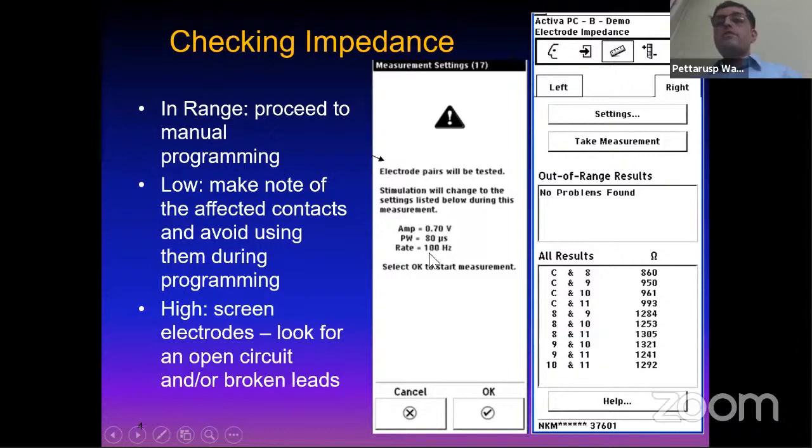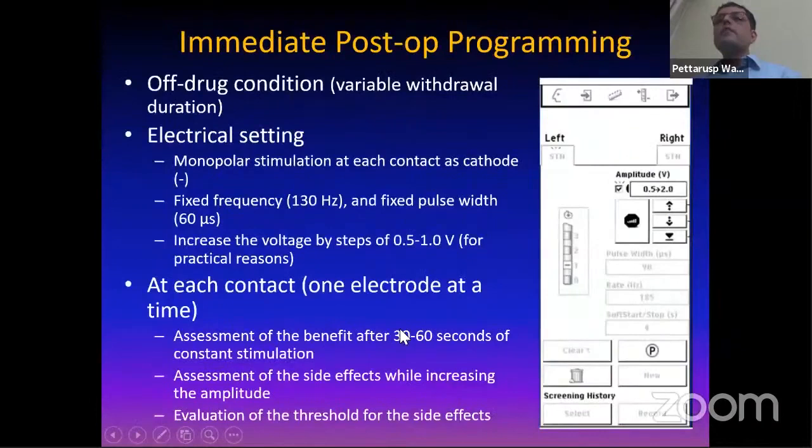The pulse width and the rate is fixed on the Envision, unfortunately. So basically, you'll check the impedance in single mono contact, that is contact with the case, and you'll also do it in bipolar configuration. If the impedance is too low, you have to avoid those contacts. If the impedance is too high, you need to look for an open circuit or broken leads.